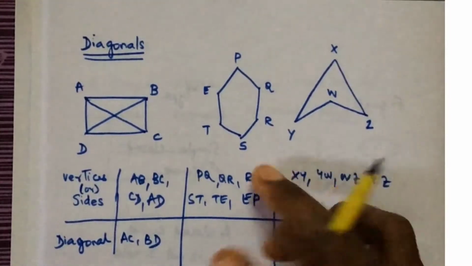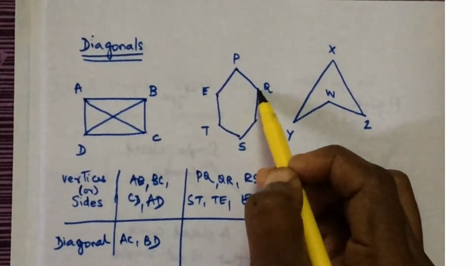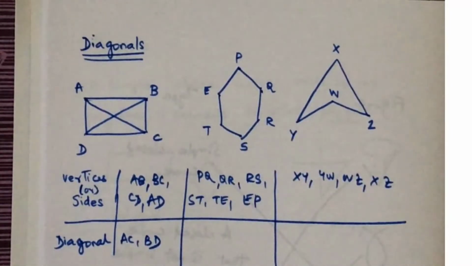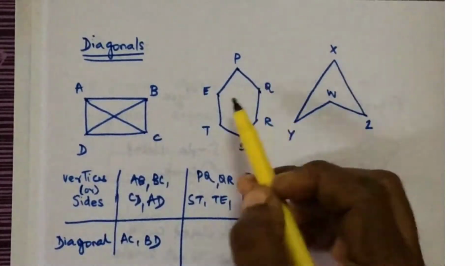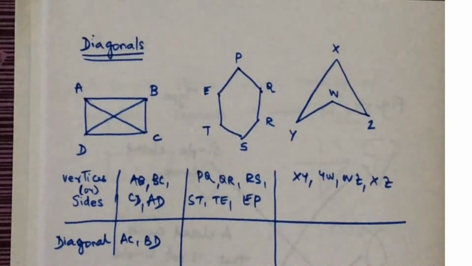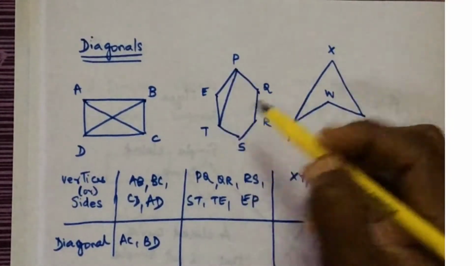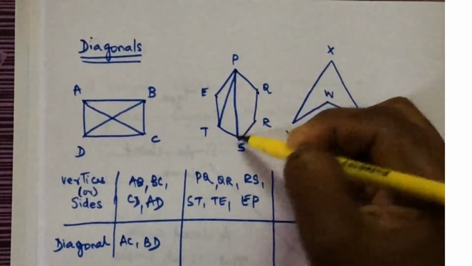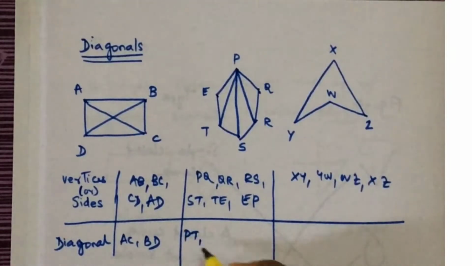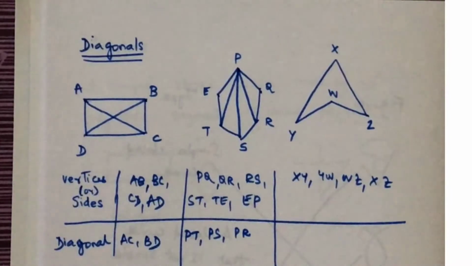Okay, for this, if I start from P, there is already a line to E and Q, which are called consecutive, nearby vertices. Now I have to draw a line other than to E and Q, because these are nearby, next to P. So you have to draw a line other than that, that is from P to T, P to S and P to R, that is PT, PS, PR. These are diagonals.